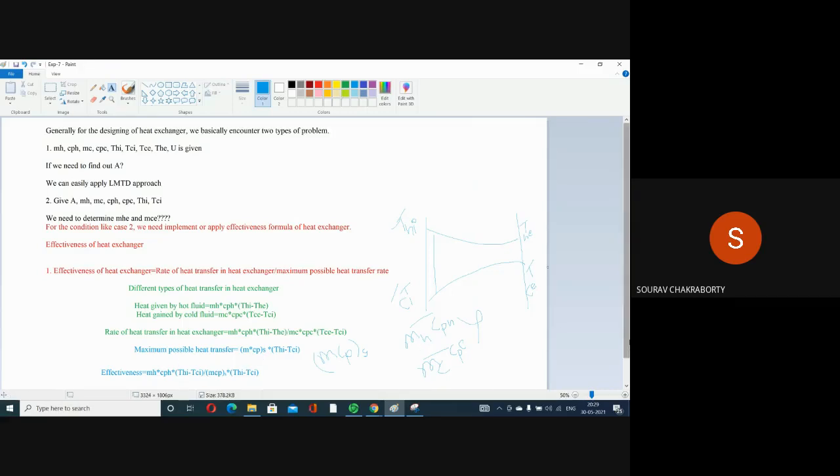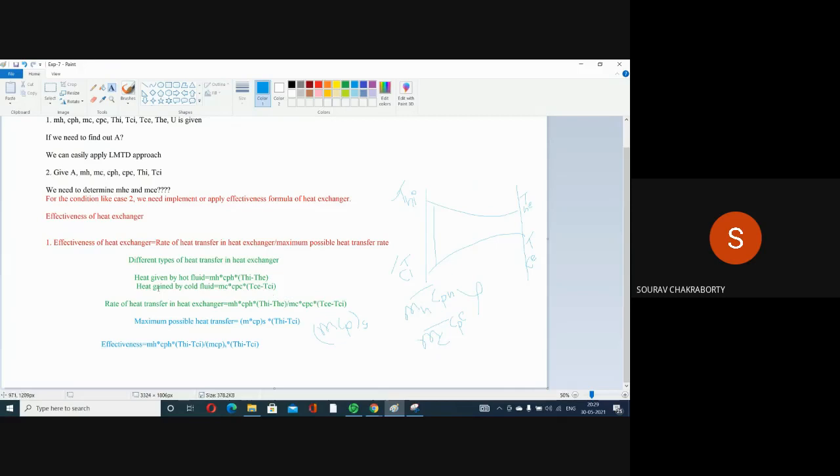And secondly, we can also write, because we have seen that the rate of heat transfer in a heat exchanger can be either this or this.